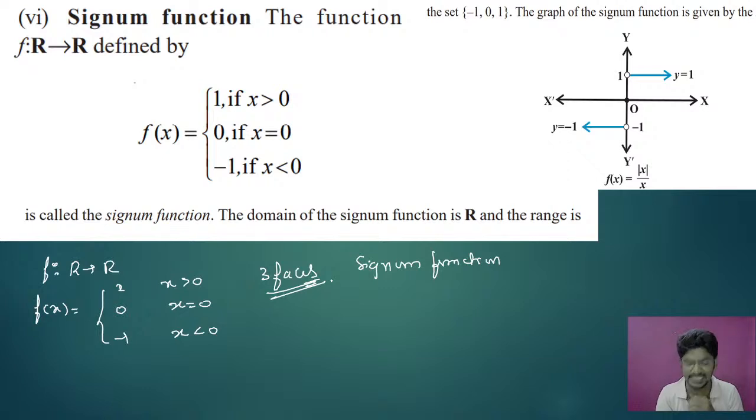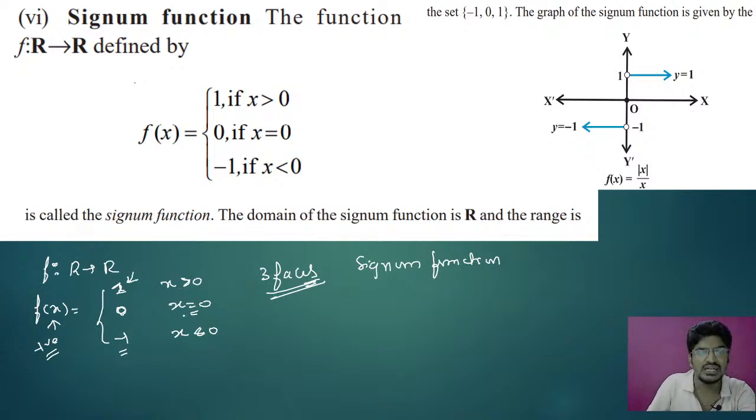The Signum function has three faces. The signum function is defined as f of x is equal to 1 if x is greater than 0, 0 if x is equal to 0, minus 1 if x is less than 0. That means if you give a positive input, the output will be 1.